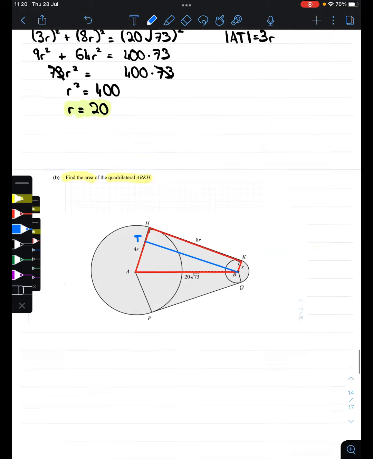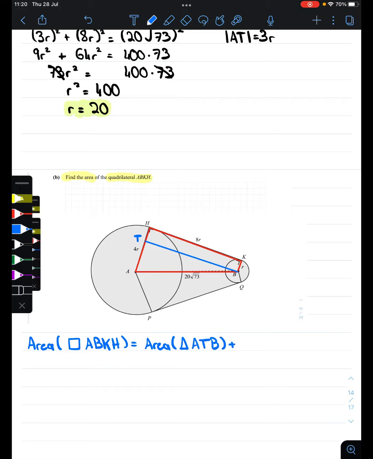So we have the area of the thing we're looking for, the area of ABKH, let's call it the quadrilateral ABKH, is equal to the area of the triangle ATB plus the area of the rectangle THKB.